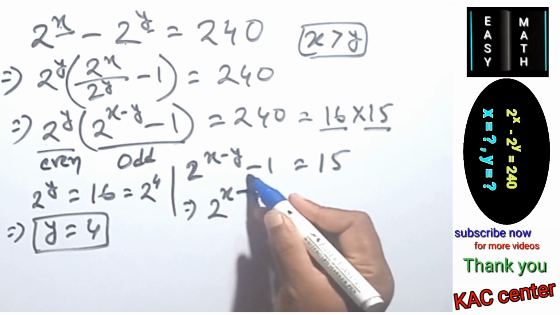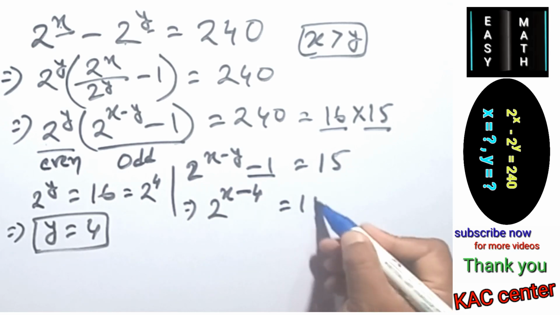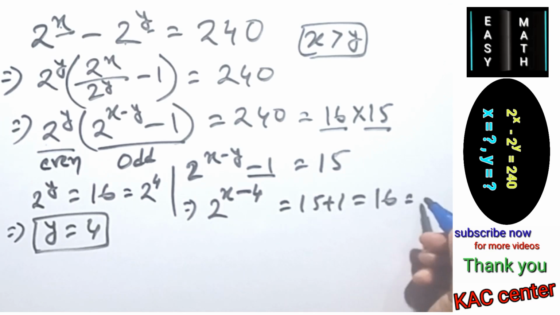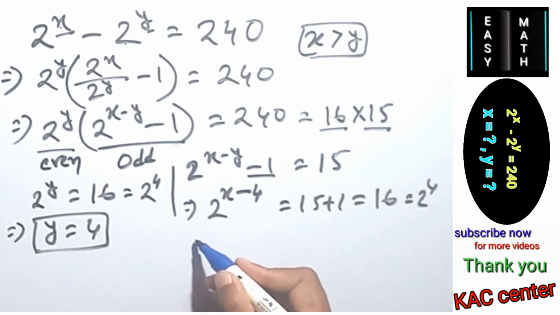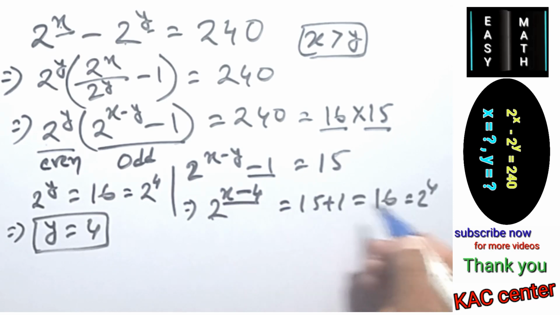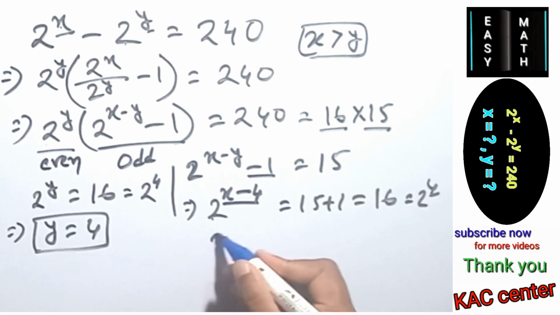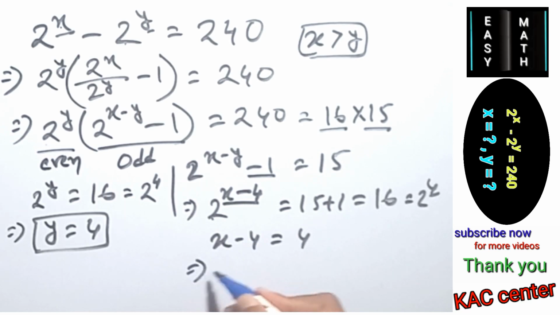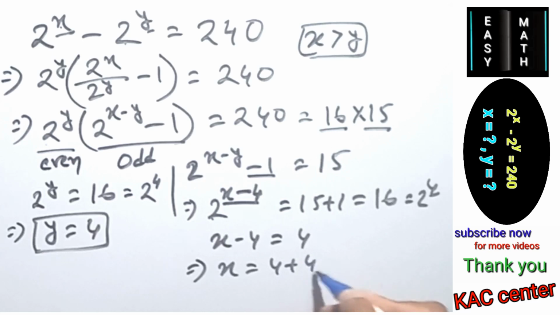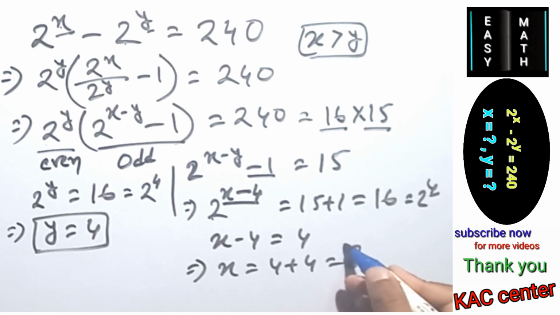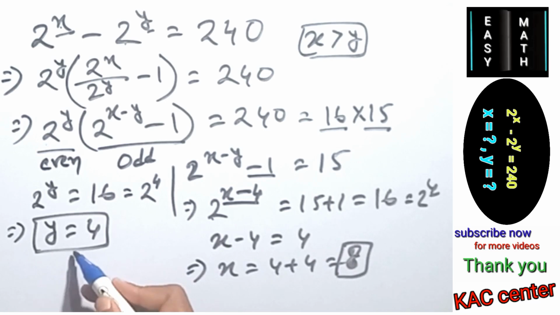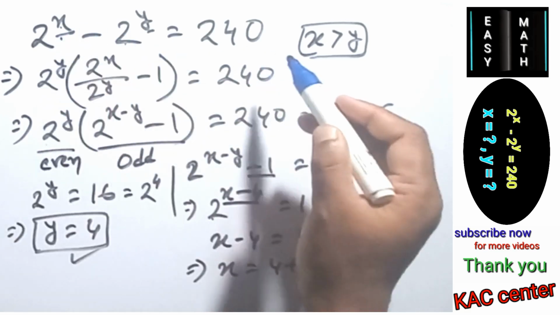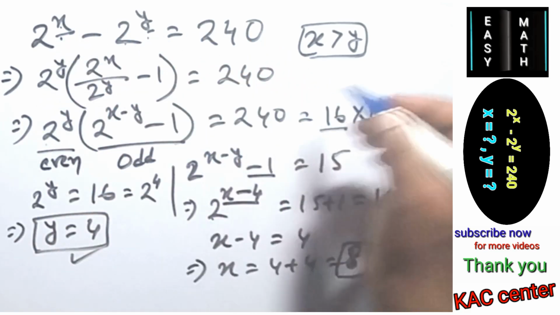In this term, 15 plus 1 is 16, and 16 is 2 to the power 4, so this term is similar, so x minus 4 equals 4. So x value is 4 plus 4, which is 8, so x value is 8 and y value is 4.